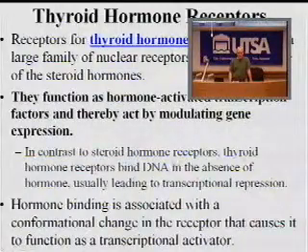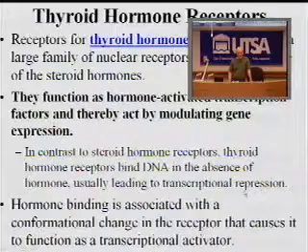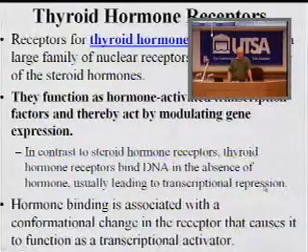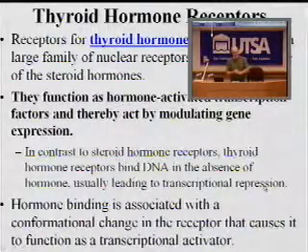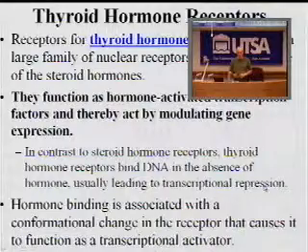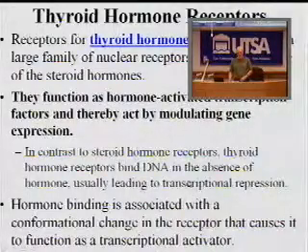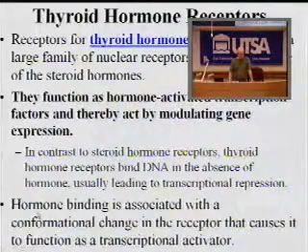In contrast to the steroid hormone receptors, thyroid hormone receptors bind DNA in the absence of the hormone, usually leading to transcriptional repression. So we talked about this as a generic type of thing when we talked about the steroid receptor family in general. And now we see it in a specific example here for the thyroid hormone receptor, and we'll continue to consider that concept for this particular receptor.